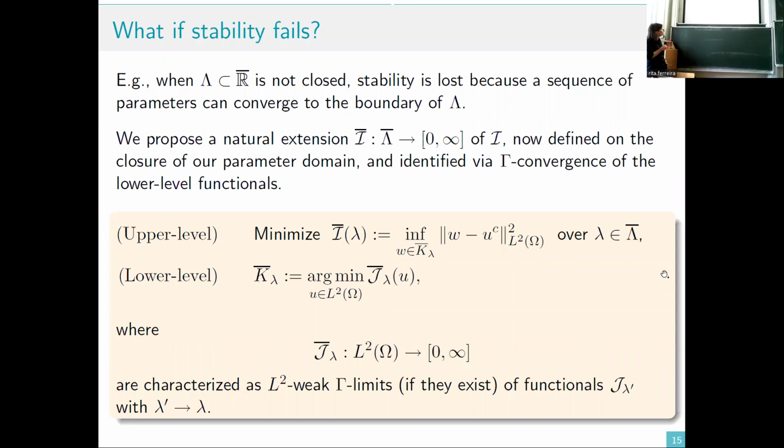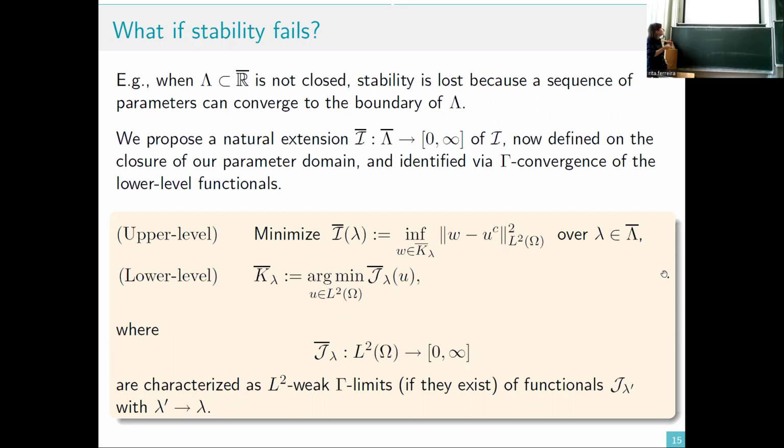And then what we do is we are going to introduce a suitable extension of our cost function. And it comes like this. I will go again through this in a bit more detail, but essentially we extend our reconstruction functionals through gamma convergence.